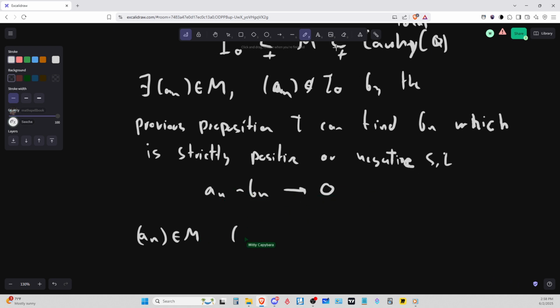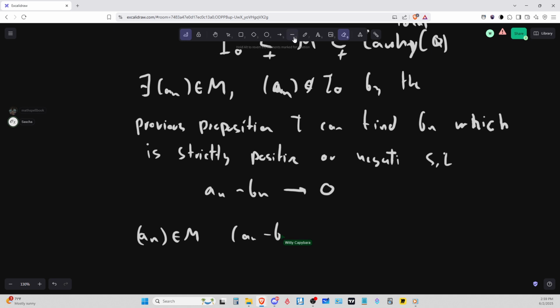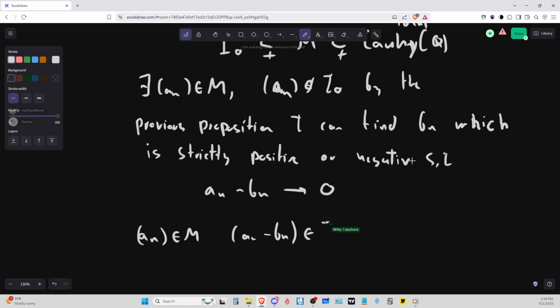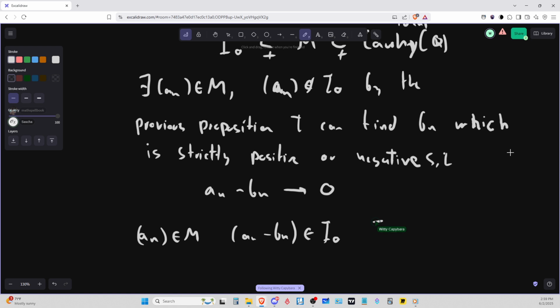In other words, the sequence an minus bn is inside of I0, by definition. But as I0 is contained inside of M, we also know that, maybe I will write the other way around, I'll write bn minus an. It doesn't change much, but it's a little bit easier in terms of writing.